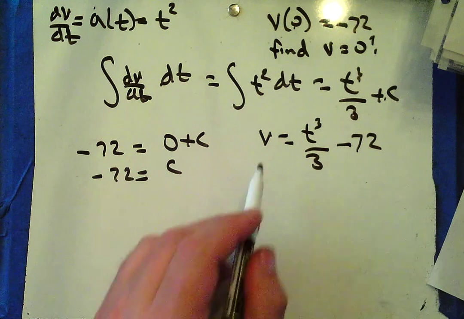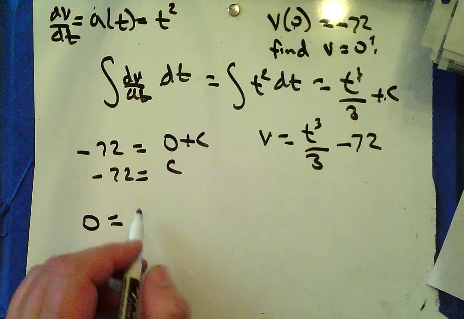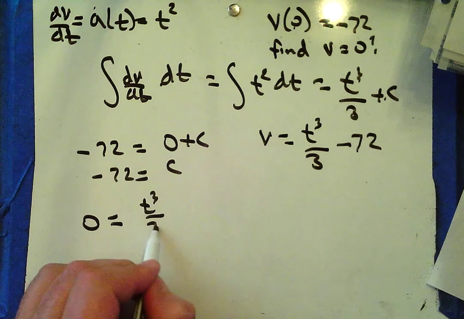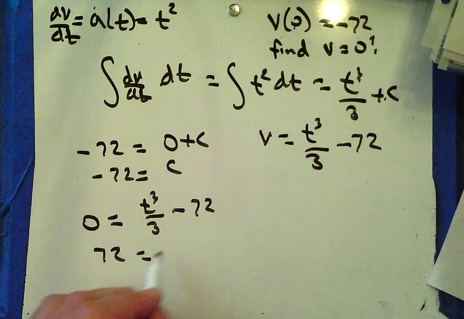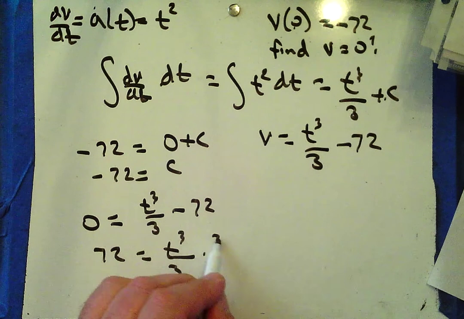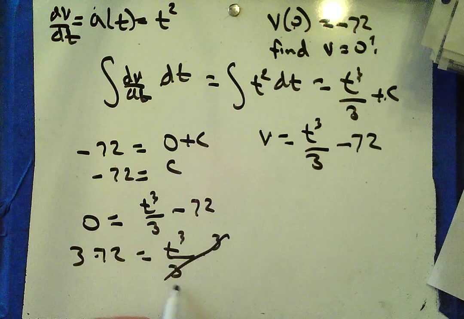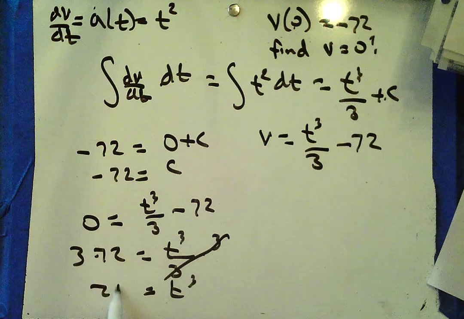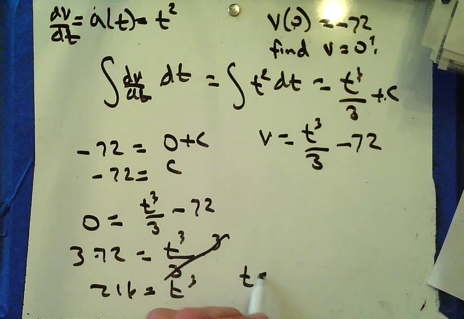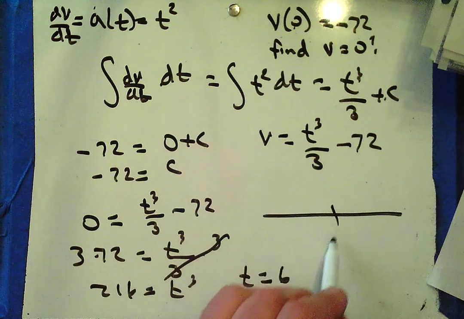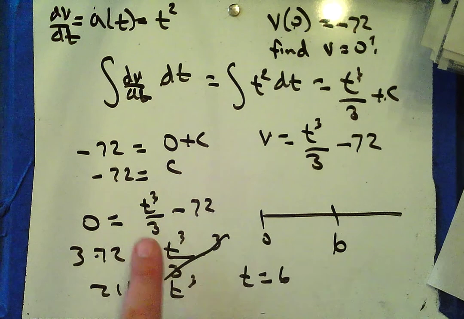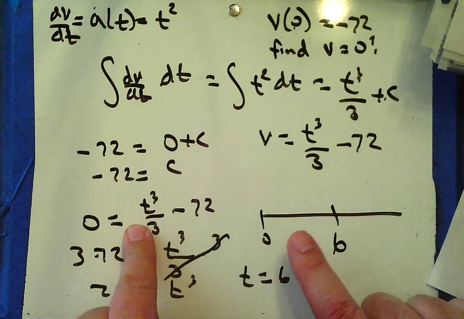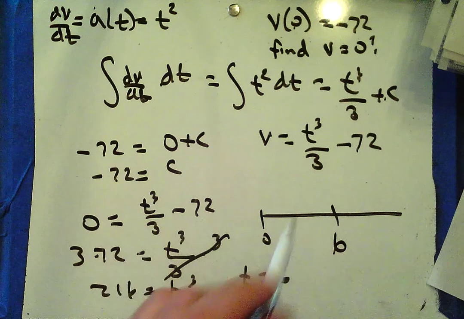Now we're asked, when is v equal to 0? So I think I want to add 72 to both sides, and then multiply by 3, and I get t to the third equals 216, so t equals 6. So if I plug a 6 here, and I go back to my v function, if I plug in 0, I get a negative.